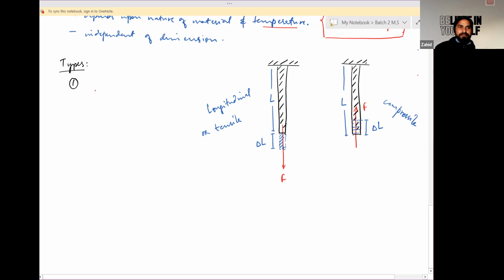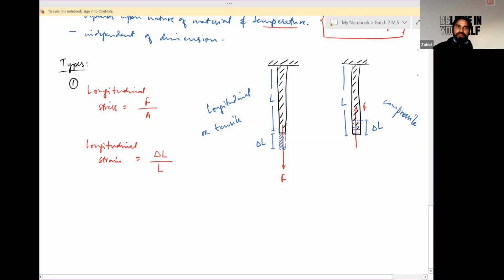So first, longitudinal stress. It is the amount of deforming force applied, that is F, divided by area of cross section A. Similarly, the amount of deformation produced is called longitudinal strain. So the deformation is delta L, divided by original length L.